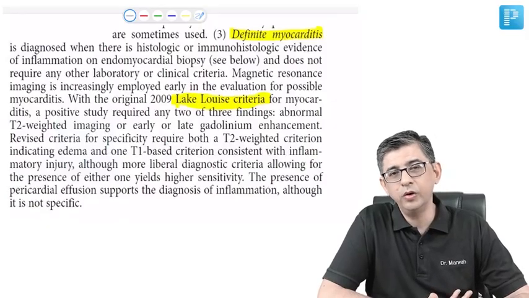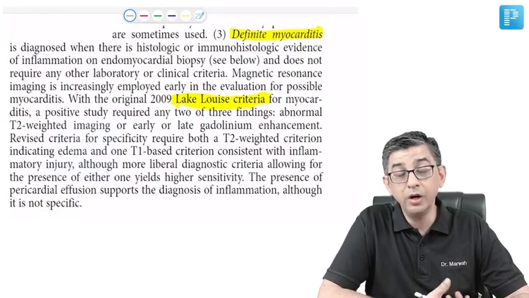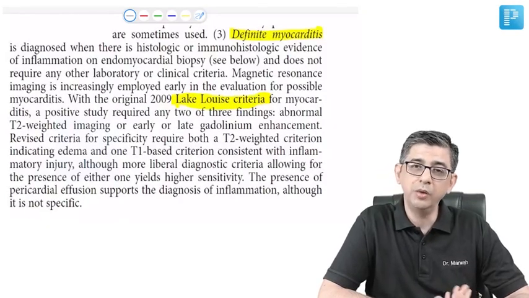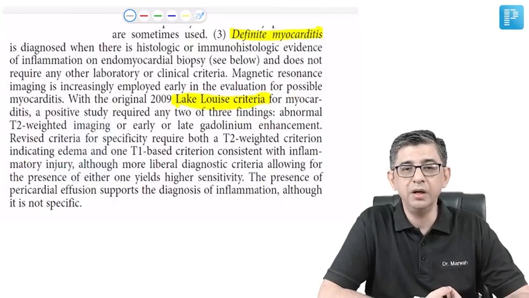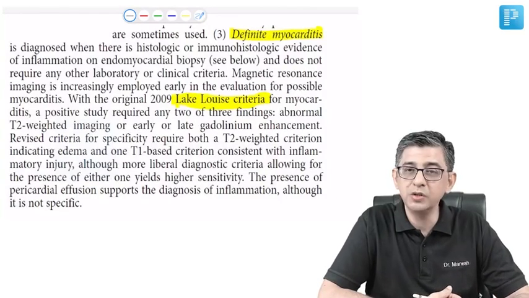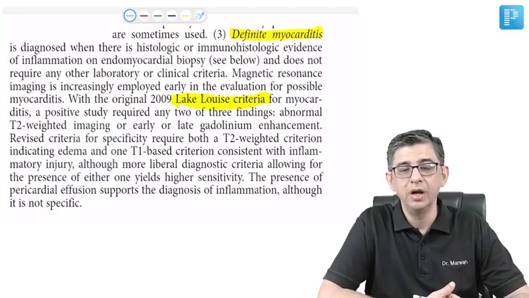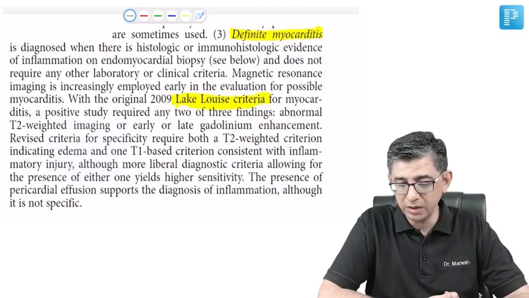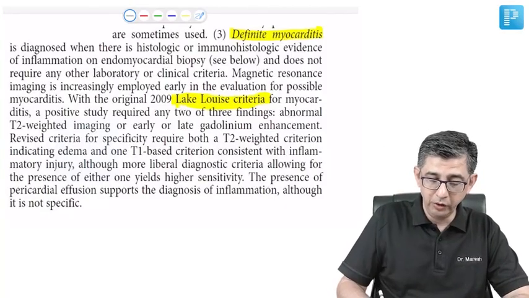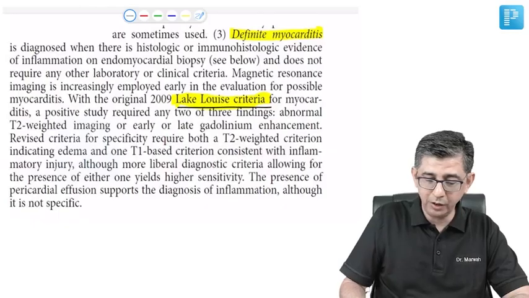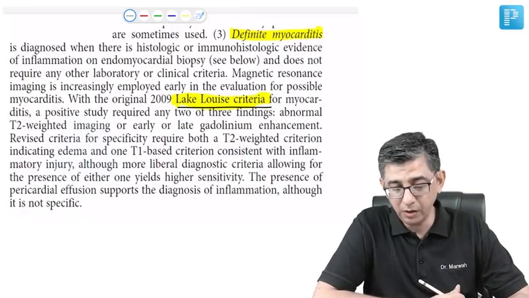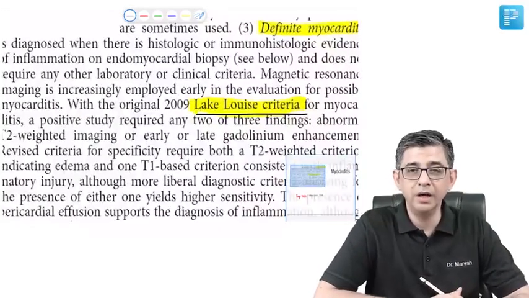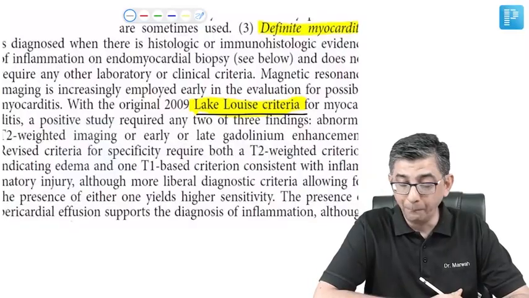Absolutely, I do not dispute that. Nowadays we would like to go in for imaging, and by imaging we will be able to identify changes in the contractility of the heart, or there could be late contrast enhancement. From the radiological perspective, the criteria are called the Lake Louise criteria.